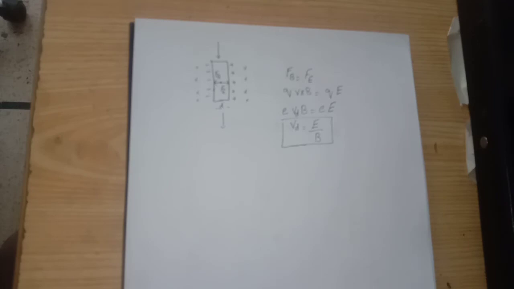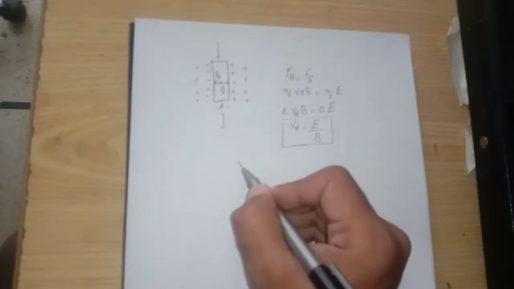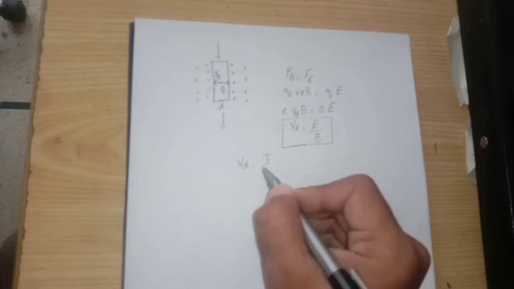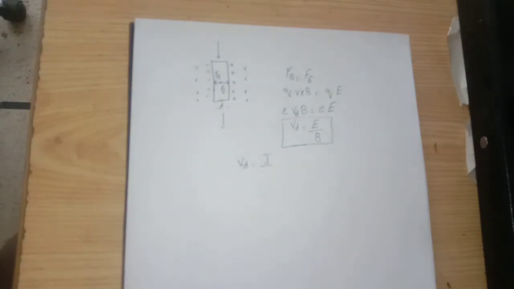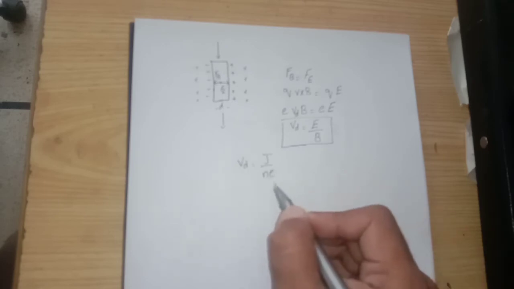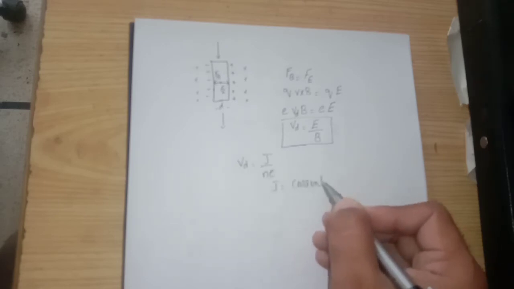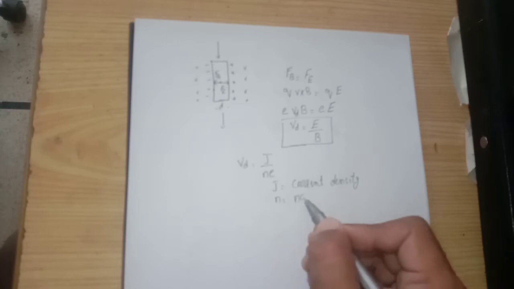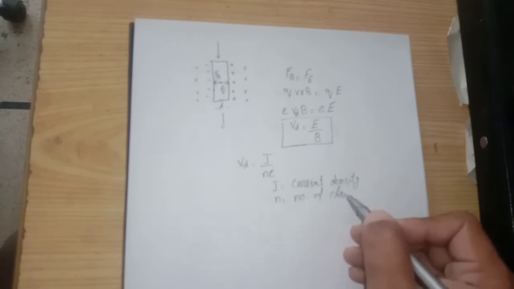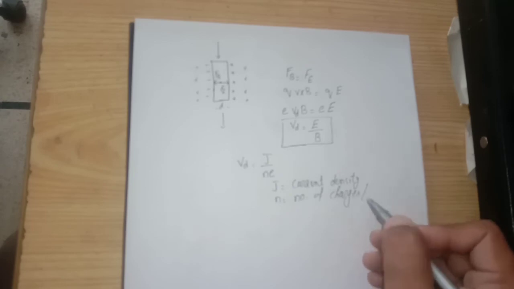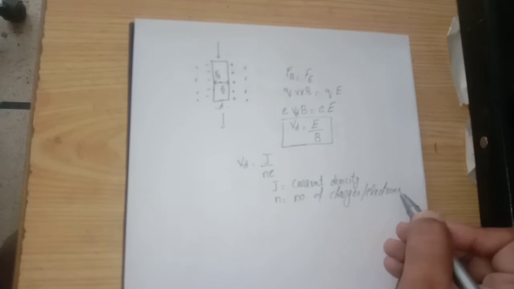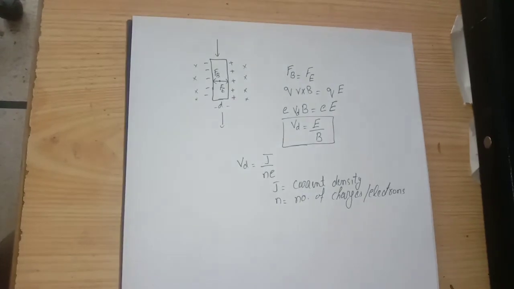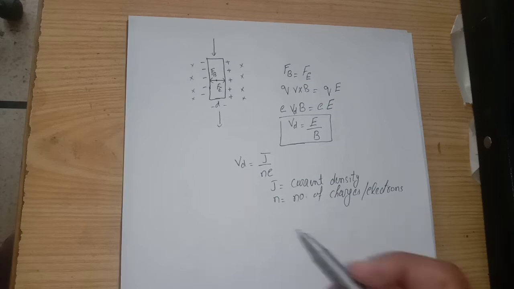Now the drift velocity in terms of current density is known as J over NE, where J is current density, N is number of charges or electrons, and this E is charge on electron.